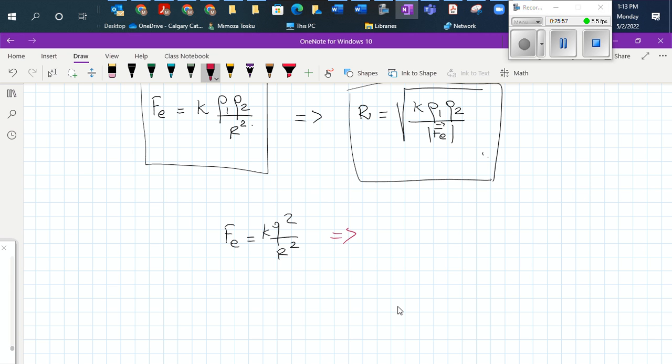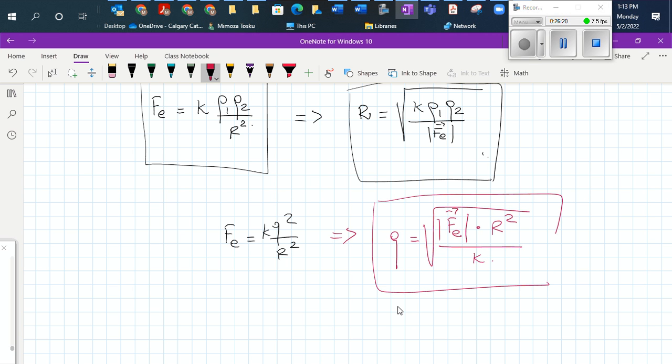And if we solve for the magnitude of the charge, then we can say that the magnitude of the charge is the square root of the magnitude of the electrostatic force times the distance squared over K.